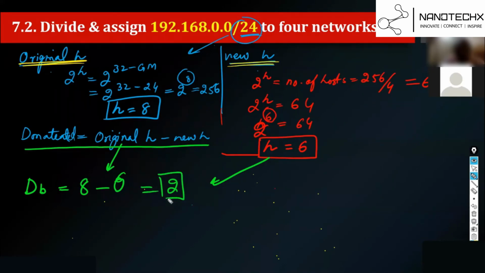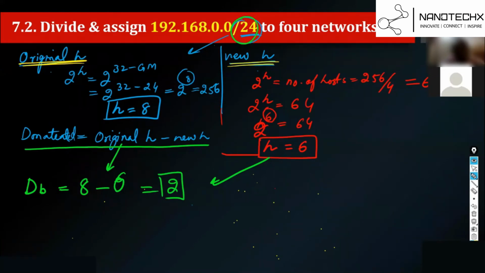So now we have to calculate the new subnet mask, because of course it cannot be /24. It has to be 25, 26, something more than 24, so that they become small subnets. We have to find that, which is very easy.